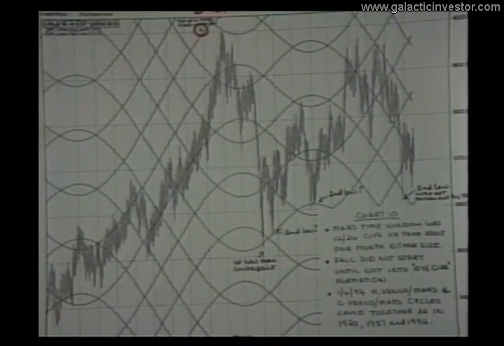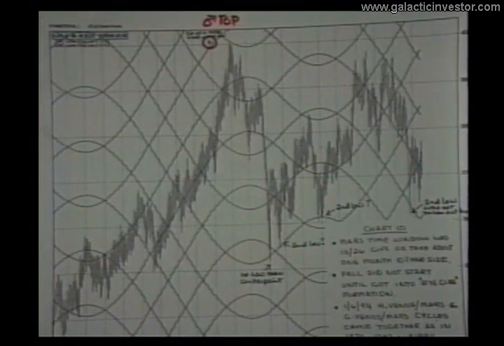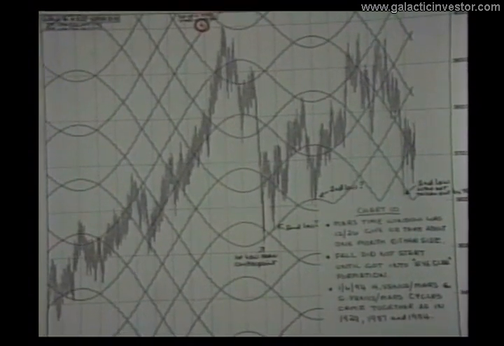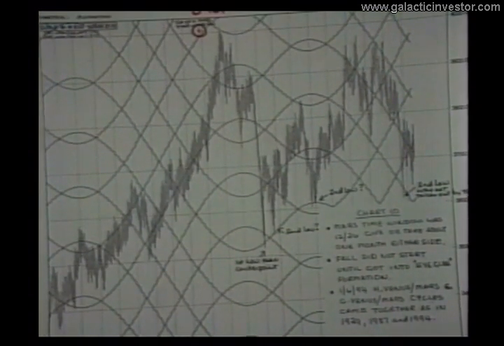Let's look a little bit at how that cycle works out on the chart. Right here, for example, on your chart 10, this is the 1994 period, just to show you how one of these things worked.